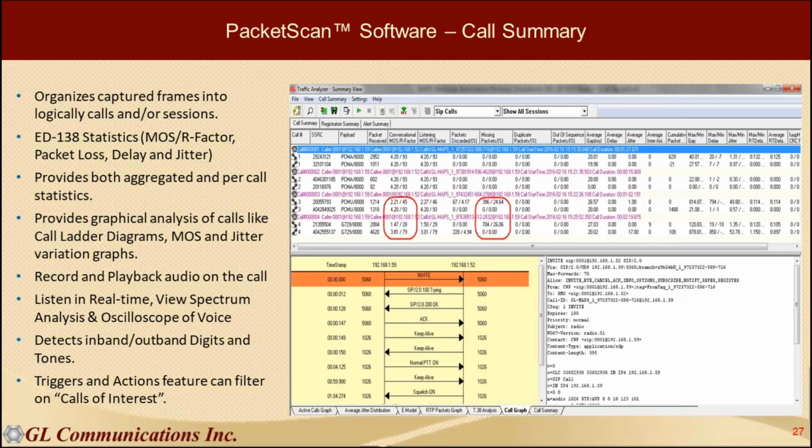So this triggers and actions feature will help in that way. It also helps in non-intrusive monitoring of your network. So whenever there is a degradation or something, you will immediately get the notifications.